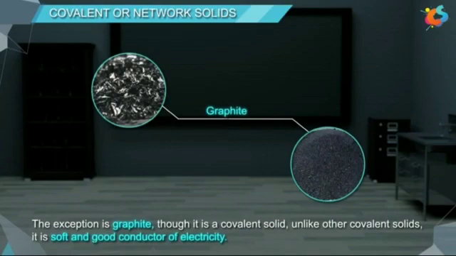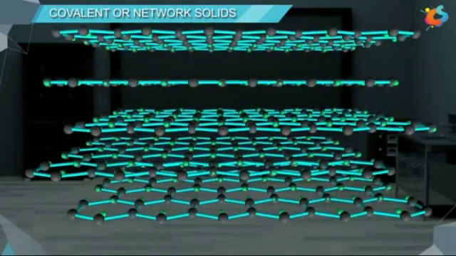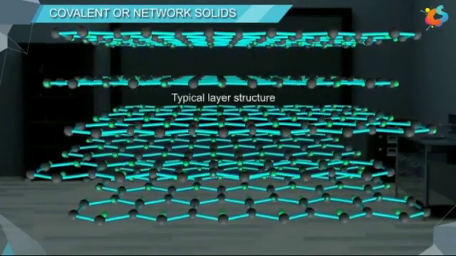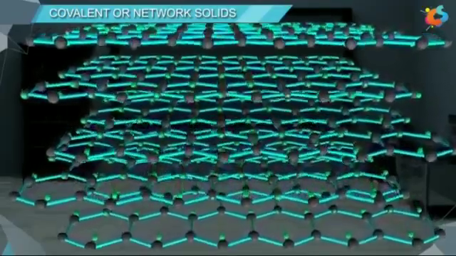Though it is a covalent solid, unlike other covalent solids, it is soft and a good conductor of electricity. This exceptional behavior of graphite is due to its typical layer structure. In graphite, carbon atoms are arranged in different layers.